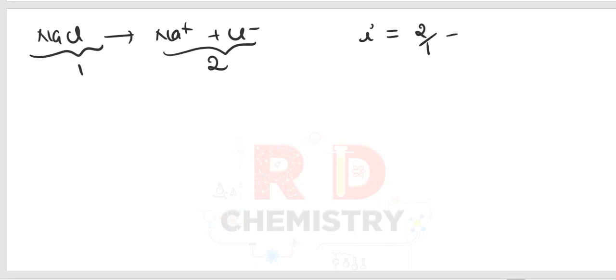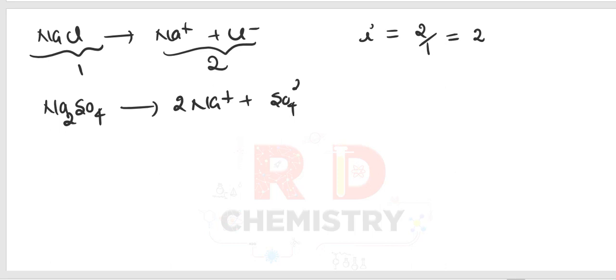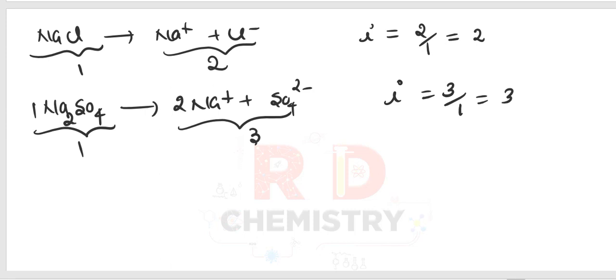So 2 divided by 1 is equal to 2. Let me take sodium sulfate, Na2SO4. Na2SO4 gives 2 moles of the sodium ion plus 1 mole of the sulfate ion. Altogether the number of particles is 3. Before dissociation, 1 particle. So i is equal to 3 divided by 1, which is 3.